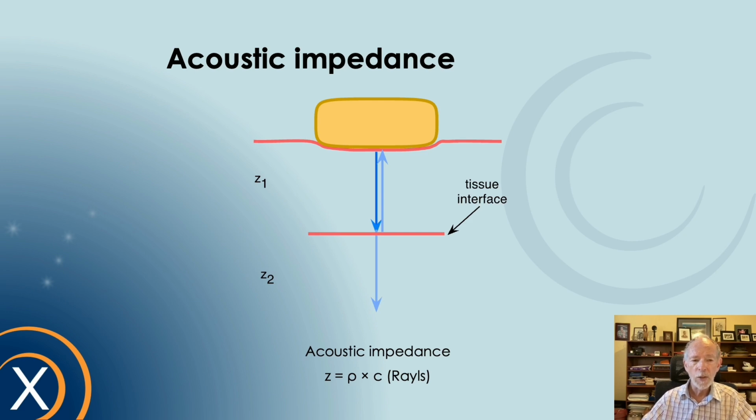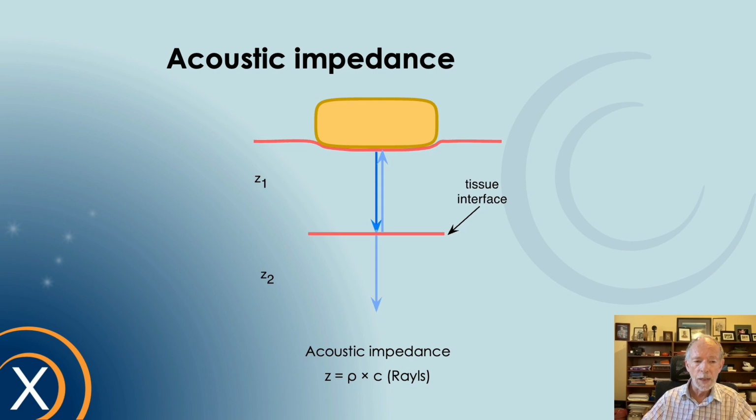Down the bottom I show the definition of the acoustic impedance. It's the product of two tissue properties, ρ and C. Now ρ stands for the density of the tissue, so that's the weight per unit volume. For example, the weight of 1 cubic centimetre of tissue. C is the propagation speed of ultrasound in the tissue, which we've already seen and talked about before.